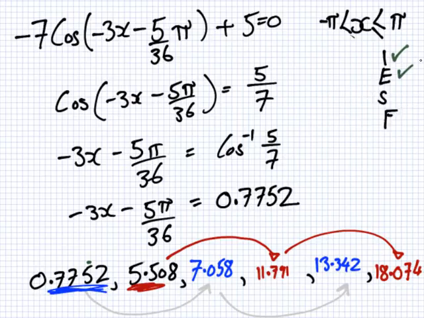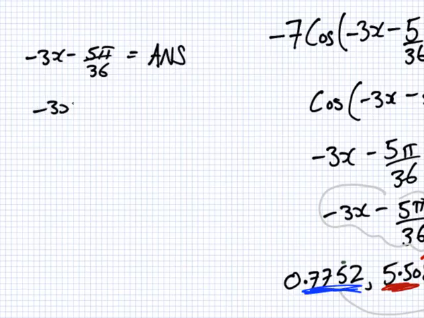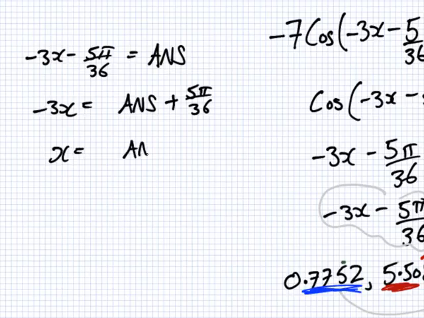I have 6 answers. But these aren't really the answers, because these are the answers for this thing. So now the next step is to simplify. If I have minus 3x minus 5 pi over 36 equals answer, then minus 3x equals answer plus 5 pi over 36, so x will equal the answer plus 5 pi over 36, all over minus 3.